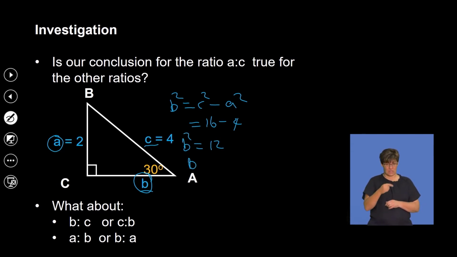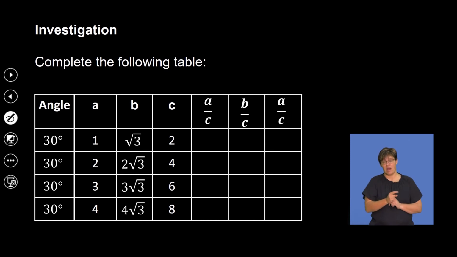So if I want to find just B, it gives me the square root of 12, which is the same as the square root of 4 multiplied by the square root of 3, which is 2 root 3. So remember, when my side A is 2 and my side C is 4, my B will be 2 root 3. But I'm sure you are familiar with using the theorem of Pythagoras, because we did it at an early age in our schooling career.